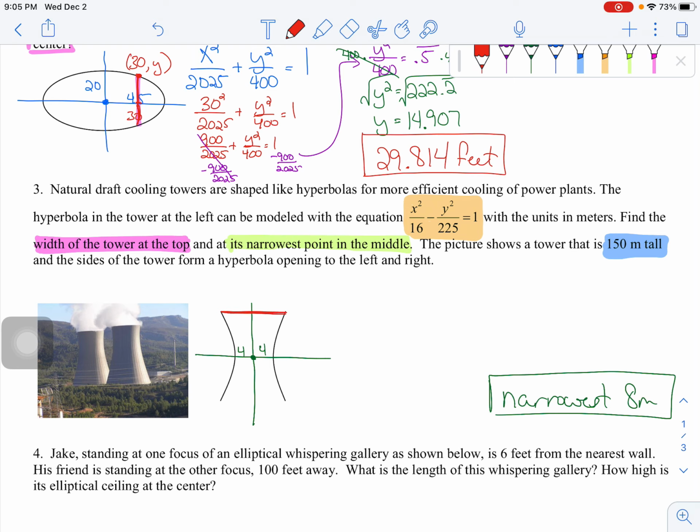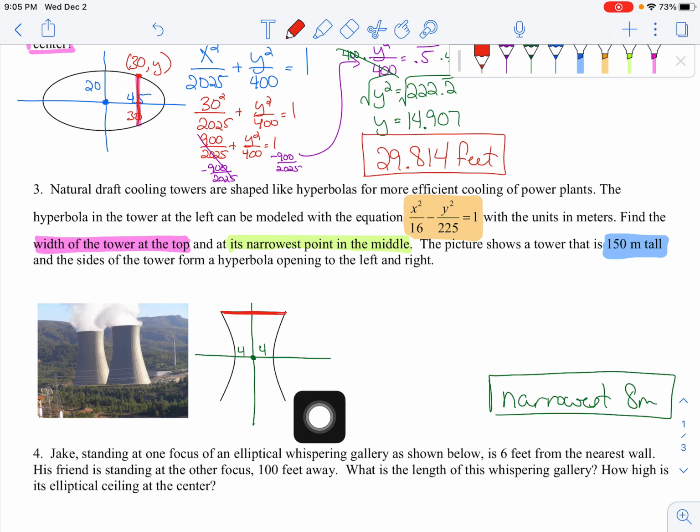What I also want to figure out is this distance across the top of our tower. Now, one of the things that it says is the picture of the tower, it is 150 meters tall. So here's the base, here's the top, and this whole thing is 150 meters tall. Well, parabolas and hyperbolas, well, all of your conic sections have symmetry. I just said the wrong one at first.